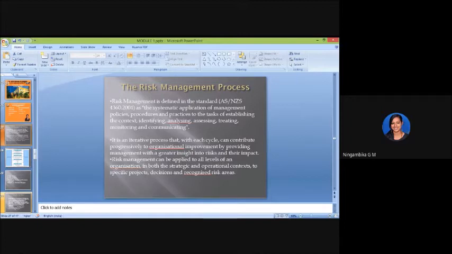So in this definition, you can make out it is clearly explaining how the management process works. First, you'll try to find out what policies are required to plan the risk management, what procedures are required, and what practices they are following in the organization in order to complete or establish any specific task.